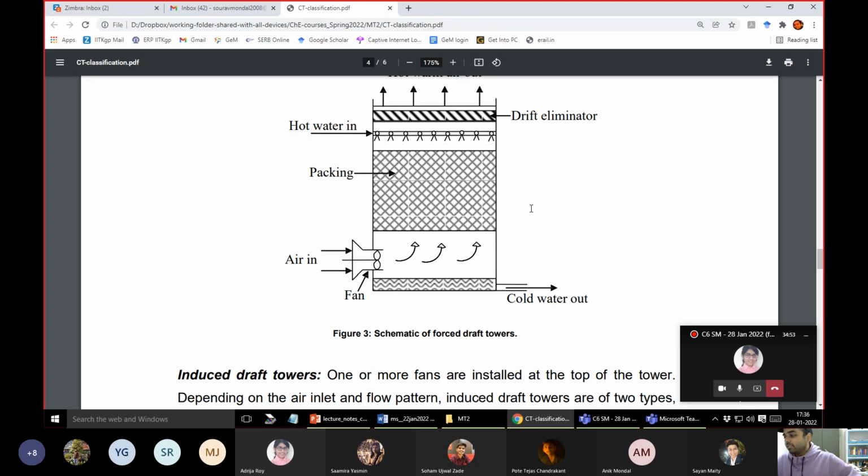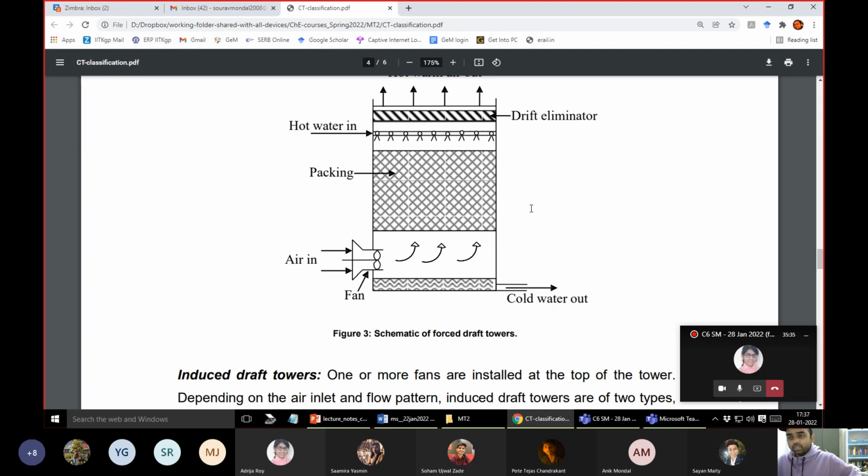If you have seen these chullas or ovens where they keep a small fan close to the burning area, the burning rate actually increases because the fan takes in more air, so it enhances the burning rate because of more air, right? So this is the kind of arrangement that you have. The fan is placed at the entrance of the air path, so it takes in more air from the ambient conditions and pushes more air through this tower.